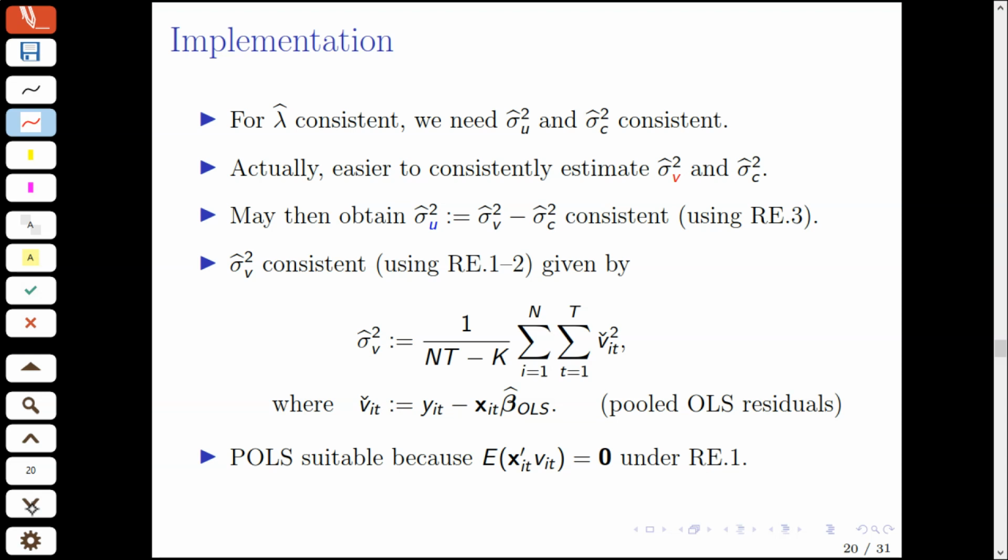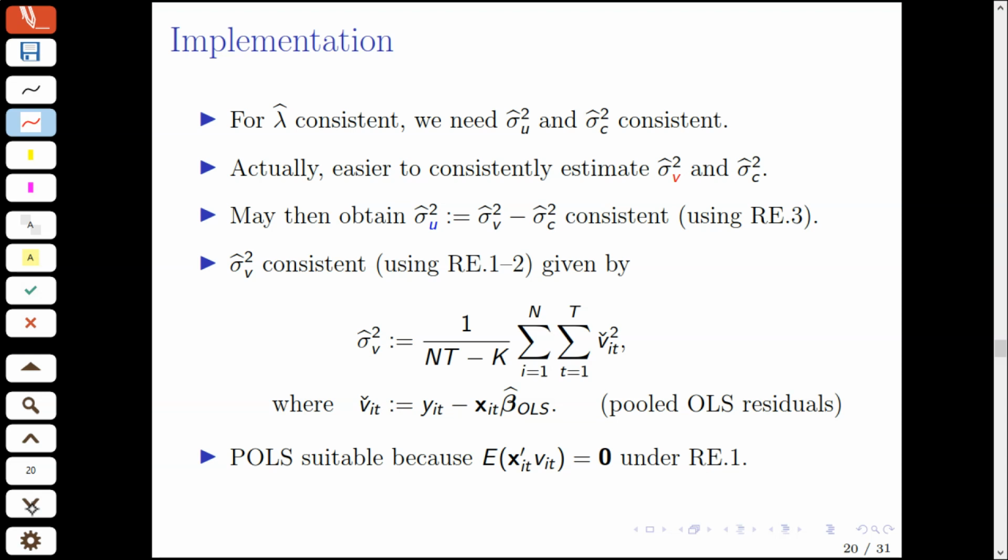So let's proceed by discussing how you would implement random effects in practice. As mentioned, if we want a consistent estimator of lambda, it suffices to have consistent estimators of the various variance components. So let's look for consistent estimators of the idiosyncratic error variance as well as the individual effect variance.